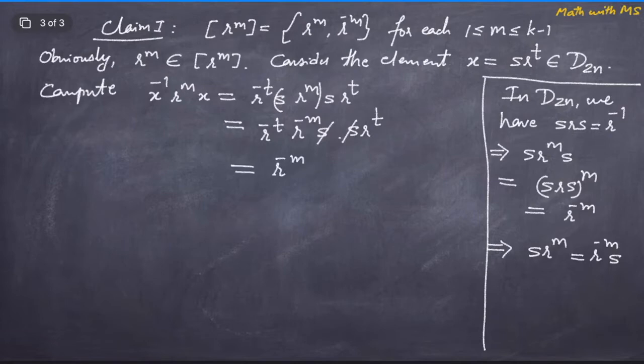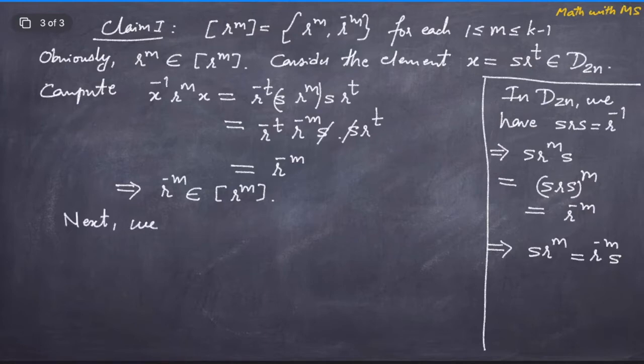We have shown that R to the power minus m is a conjugate of R to the power m. This implies that R to the power minus m is also an element of the conjugacy class of R to the power m. So we have shown that the right hand side is contained in the left hand side.